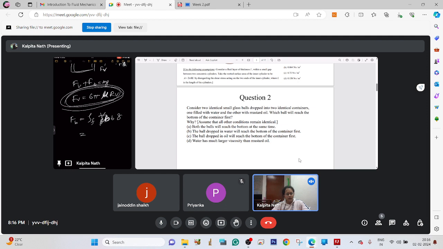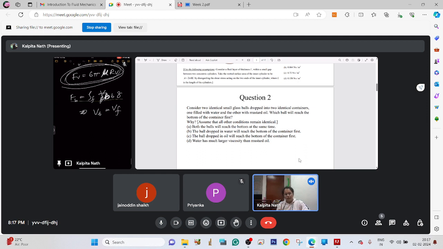If we consider that the whole body is immersed inside, then the volume of the body will be the same as the volume of the fluid displaced.